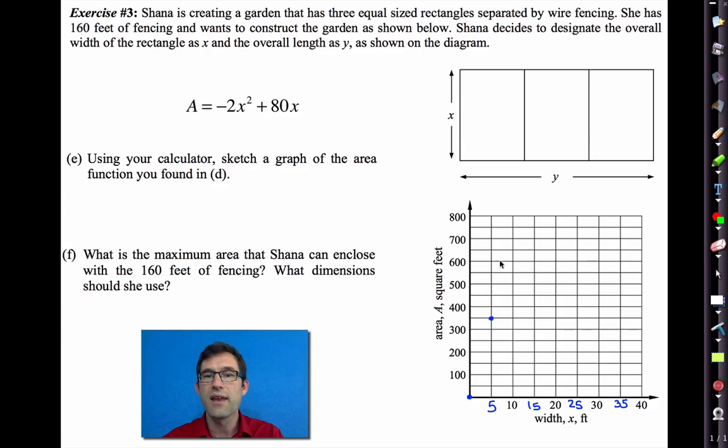When the width is 10, the area ends up being 600. When the width is 15, the area ends up being right around 750. When the width is 20, the area ends up being 800 on the dot. When the width is 25, we start getting back into that symmetry. The rest of it just pans out symmetrically.